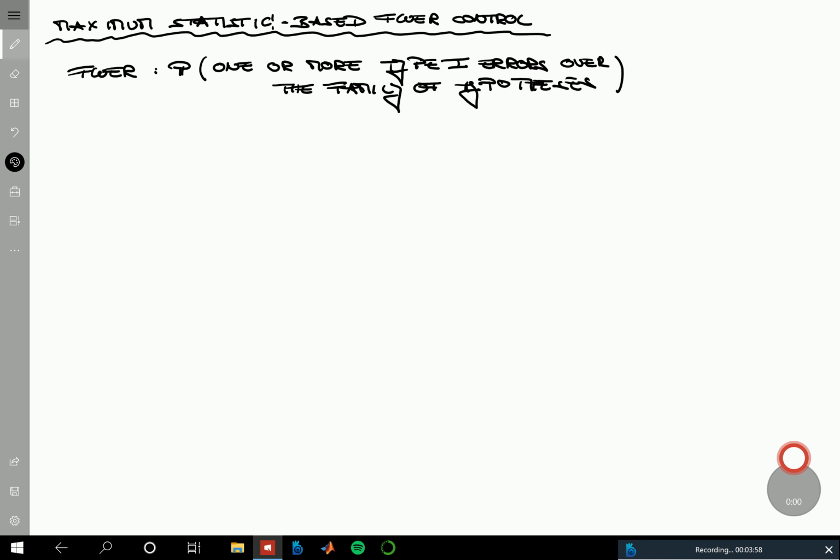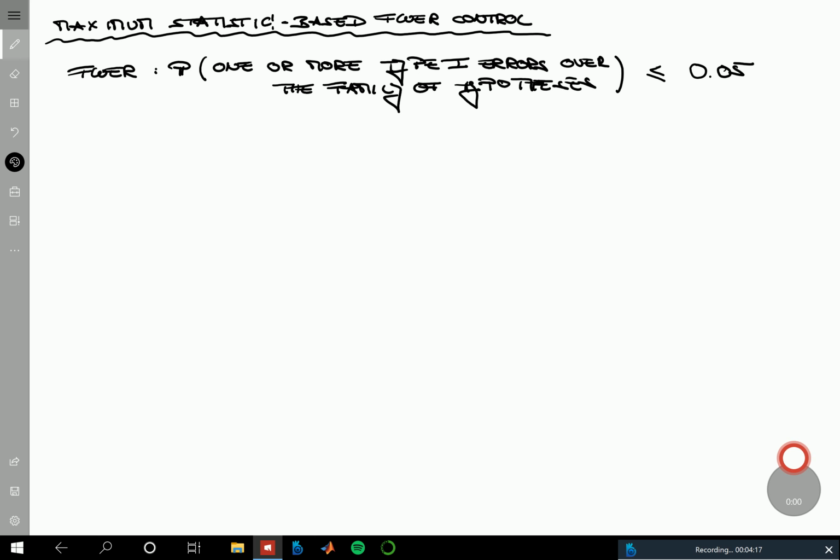And the idea of family-wise error rate control in a test is now, of course, to keep this probability, by the testing procedure, smaller or equal to some significance level, for example, 0.05.